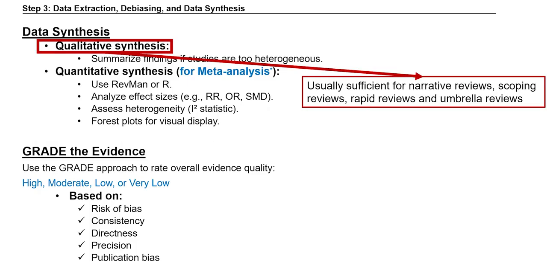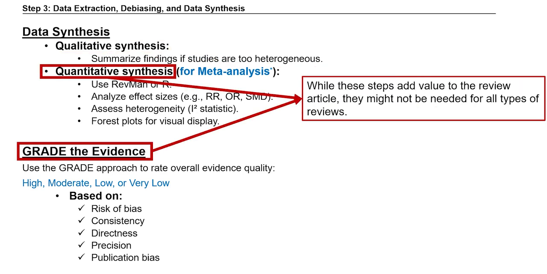One of the things that the author should always consider is, again, as I mentioned, for most of the reviews, including narrative reviews, scoping reviews, rapid reviews, and even umbrella reviews, qualitative synthesis is enough. Usually reviewers will be happy with it. However, the quantitative synthesis and, as we will talk about, the grade of the evidence will add a lot of value to the review paper that you're sending out.